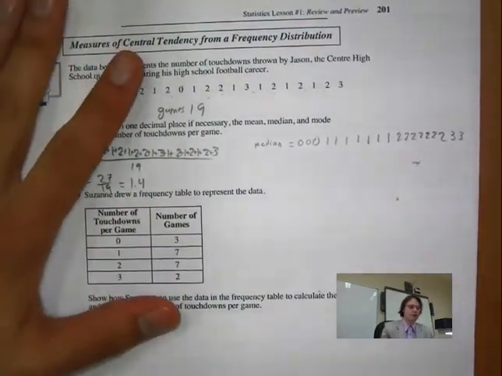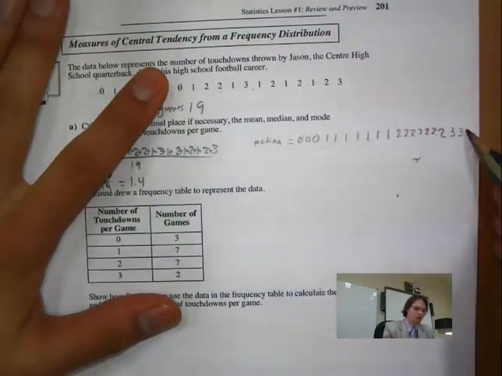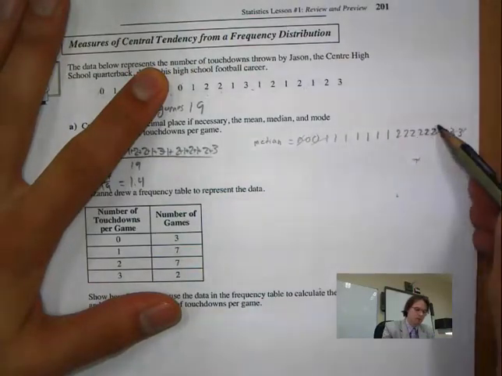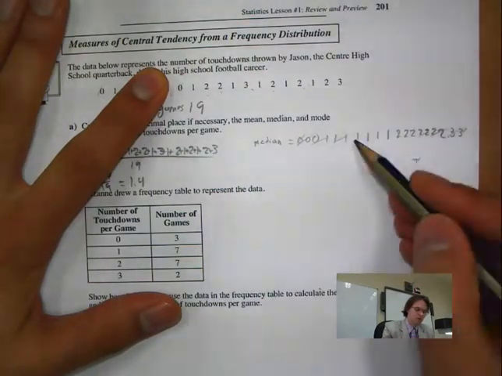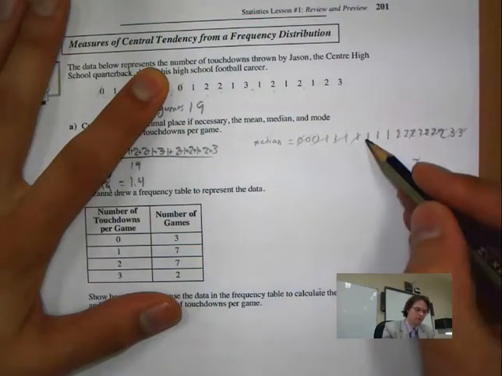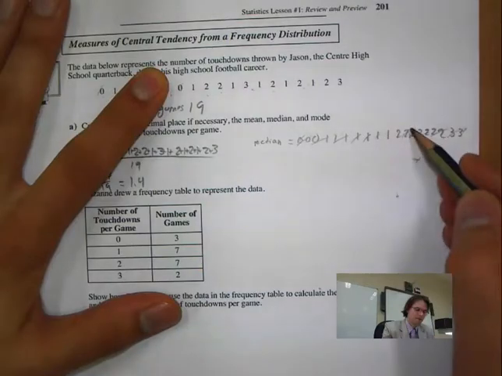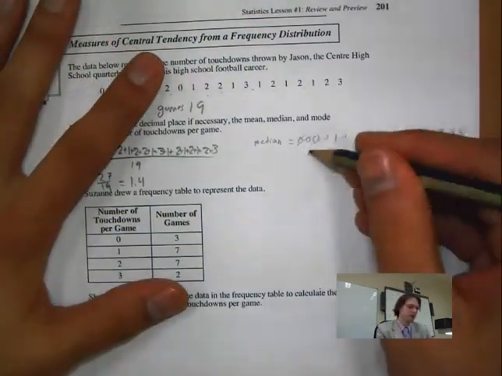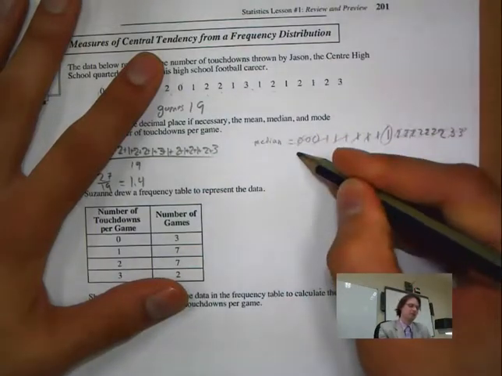Good. Now we have to look at where the middle of them is. So let's start counting off. I'll count off 2 at a time. So my median is equal to 1 touchdown, because that's the middle number.